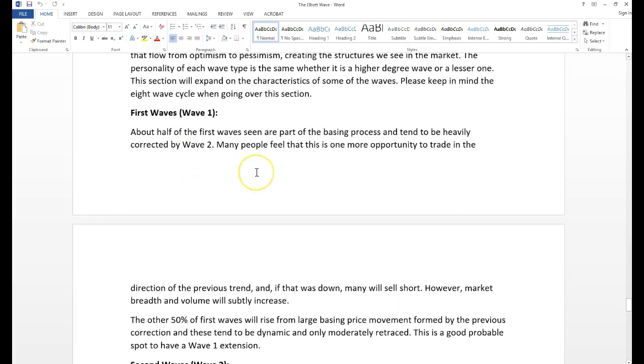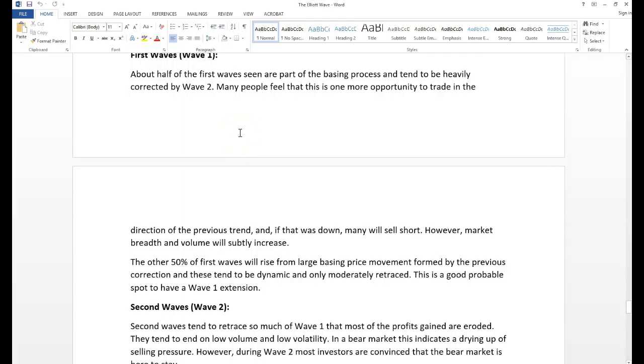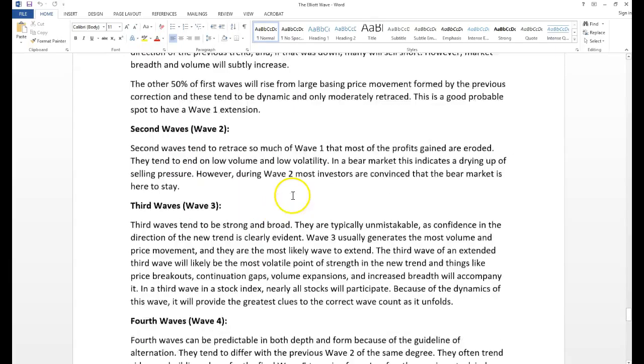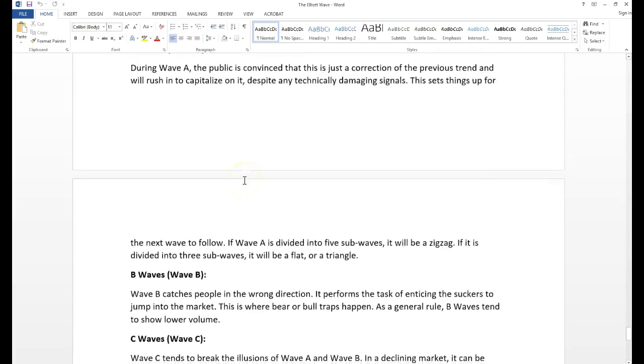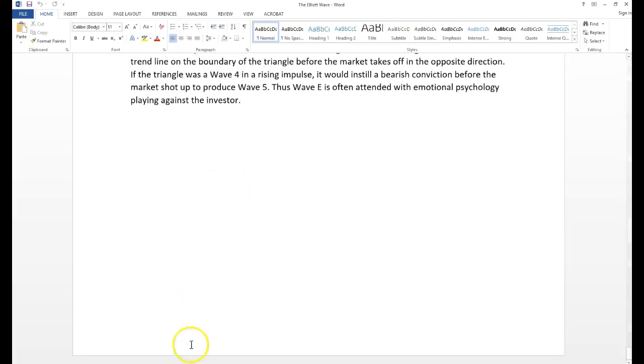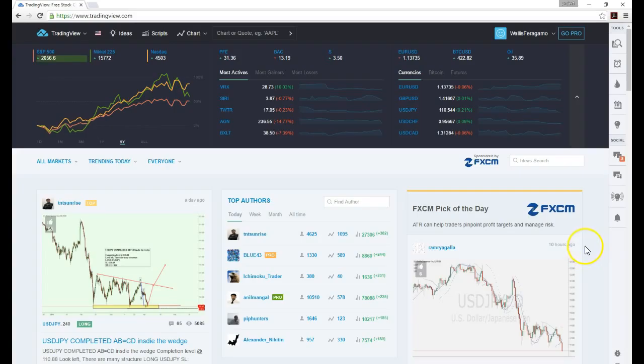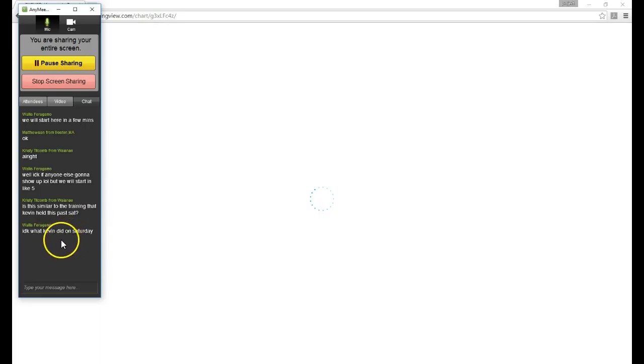Okay. Let's see if I want to go over this. Maybe political to trade in one direction, trade. Yeah, that's okay. Let me pull up this chart real quick. Any questions so far?